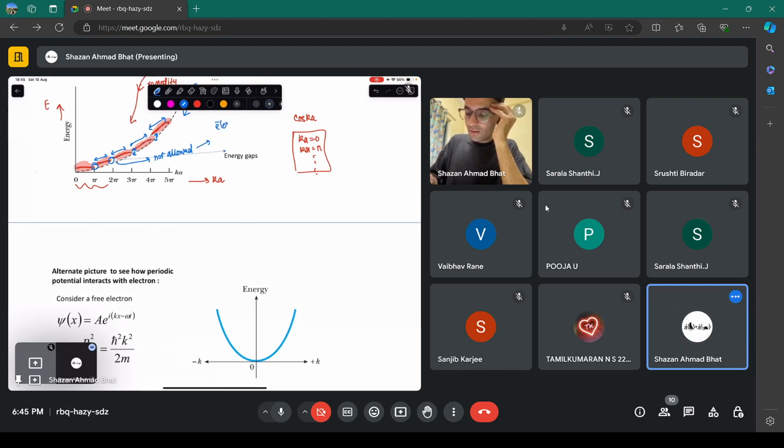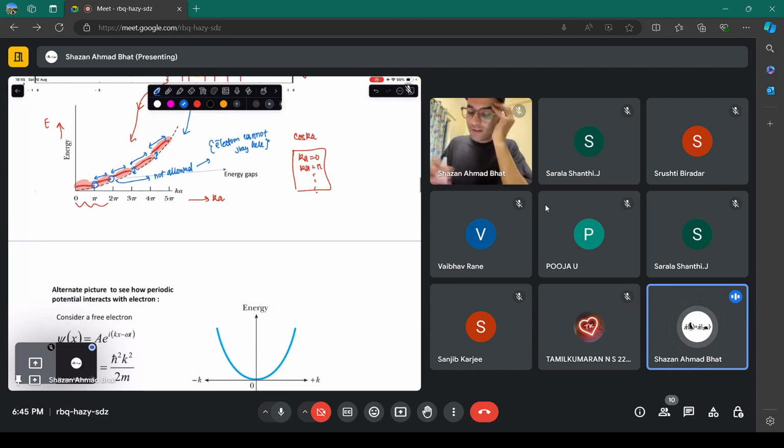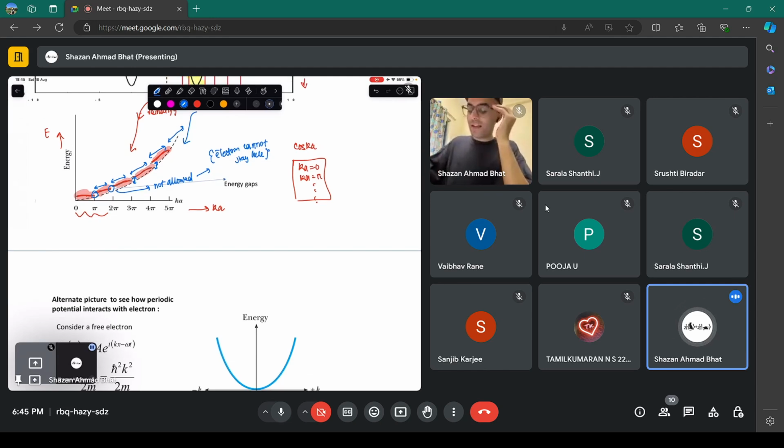That means the electron cannot stay here because there is no energy level present here. The only energy levels are shown in the highlighted red. And as it goes higher and higher, this band increases in width. That means as you go to higher and higher energy, there is an entire band of energy present for the electron to have.